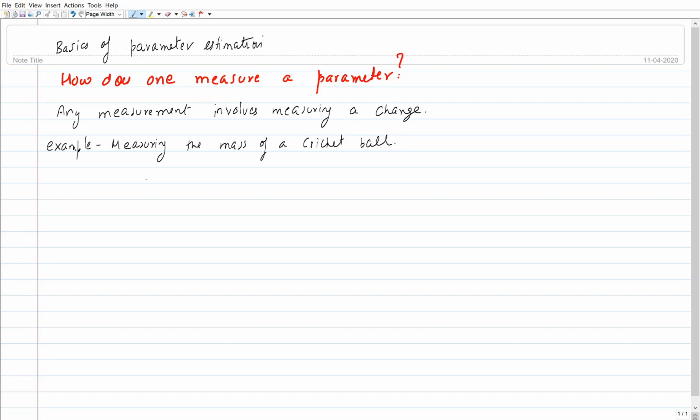Well, I'll take a spring, which is basically my probe. And what I'll do is I'll just attach the ball to the end of the spring, and I'm going to measure the extension of the spring.